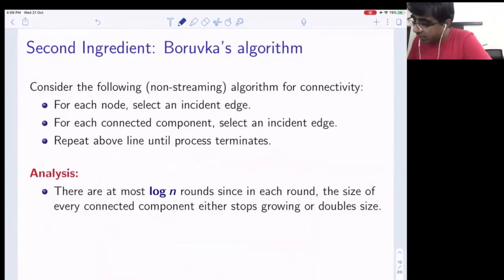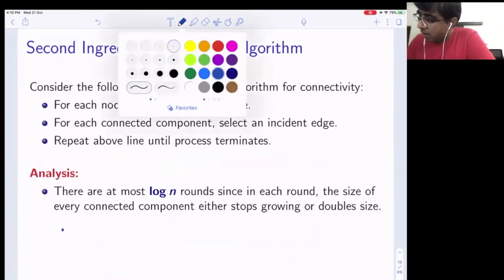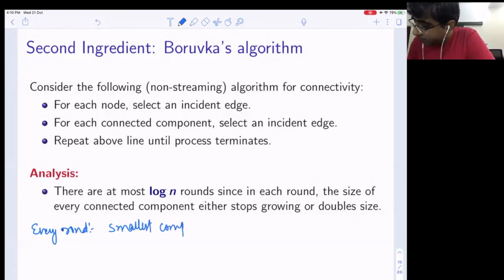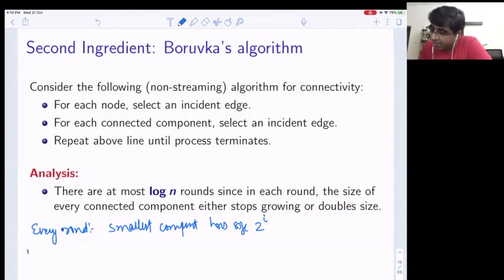Why? I want to claim that in every round, the smallest component has size 2 power i, and let's say round 0 is when you have singletons.